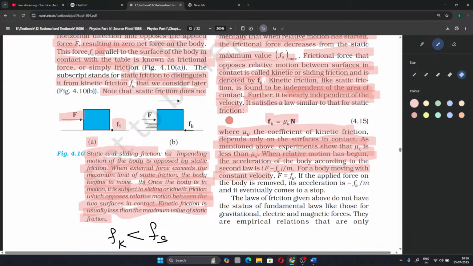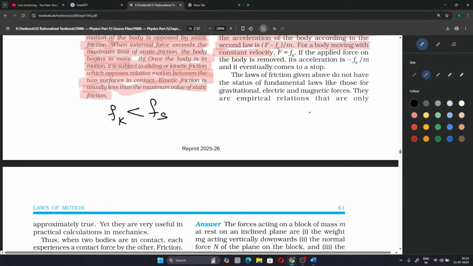When relative motion has begun, when the body has begun moving, then the acceleration of the body, according to the second law, where force equals mass into acceleration, so acceleration equals force per mass.